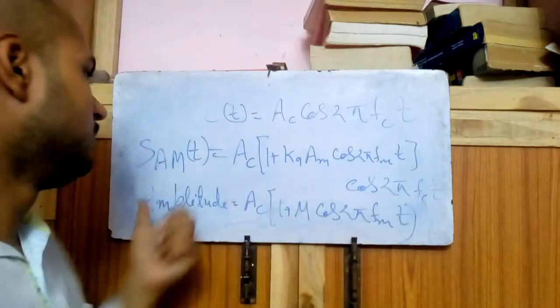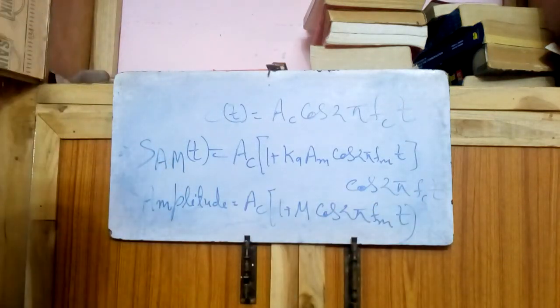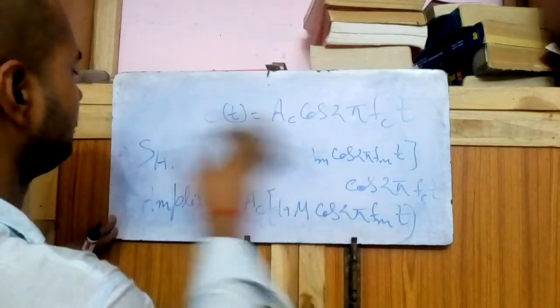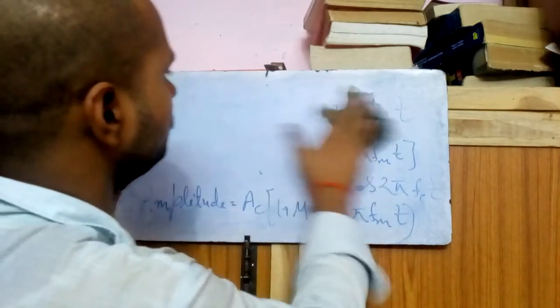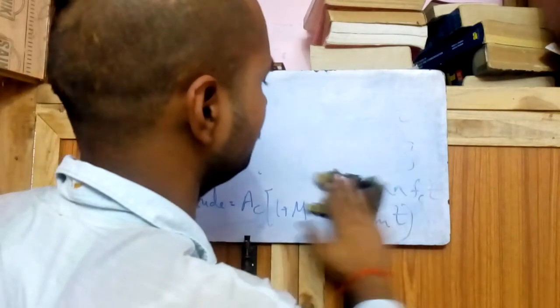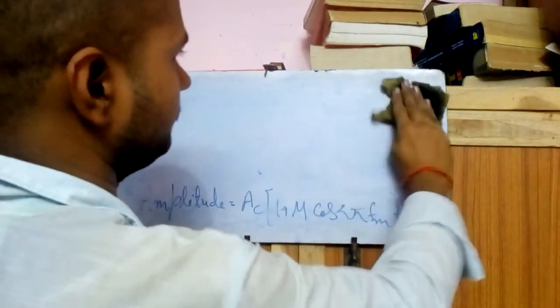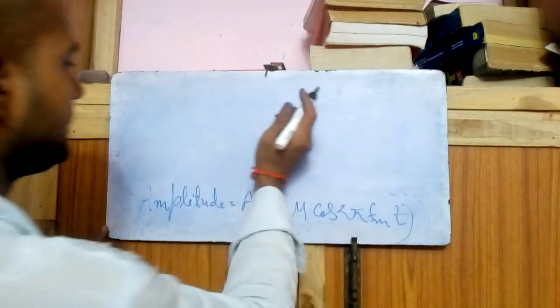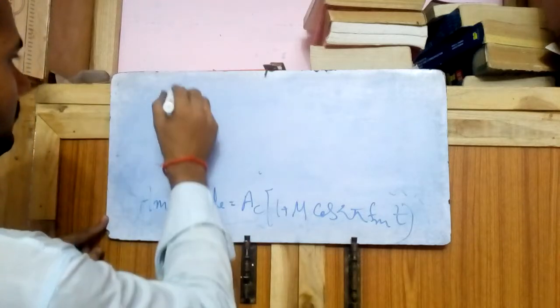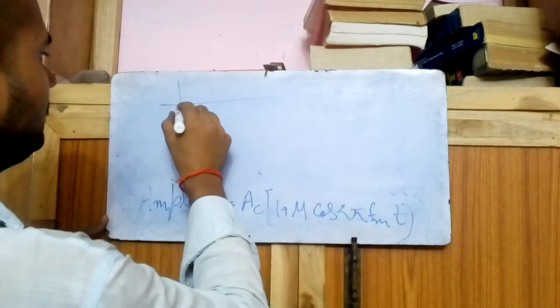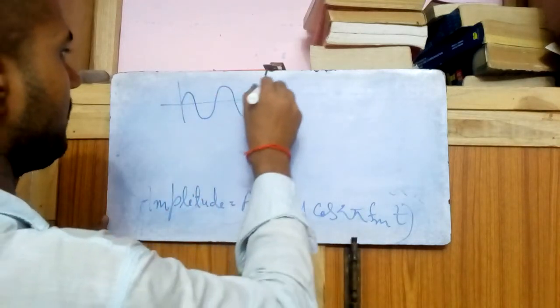So this is the amplitude of s_AM(t) or the carrier.